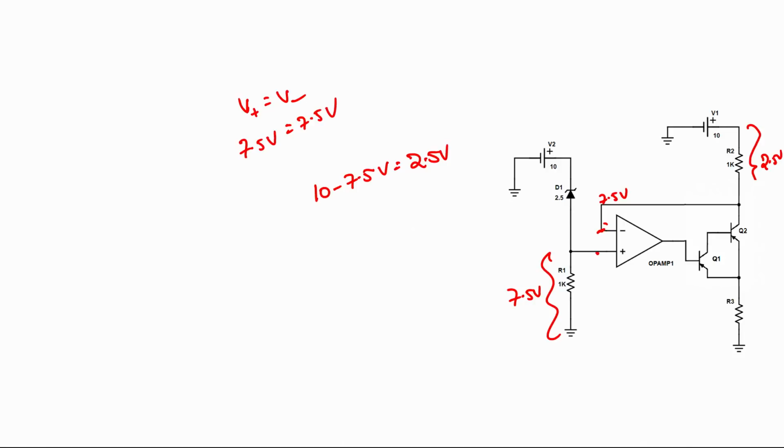Is it easy to calculate the current flow? Yes. How do we calculate it? From Ohm's law, I want to find I, which is nothing but V by R. V is 2.5 and R is 1K, so the total current flowing is 2.5 milliamps.